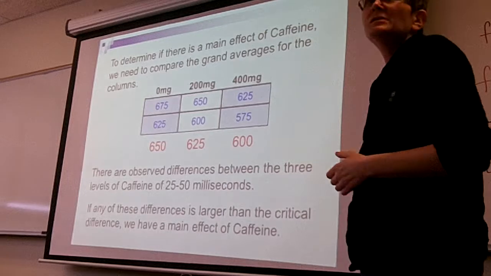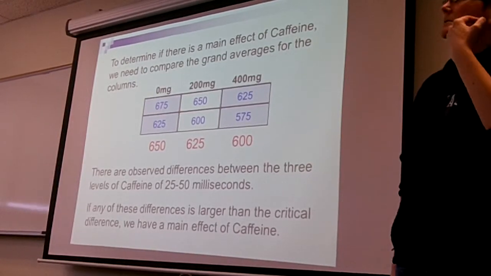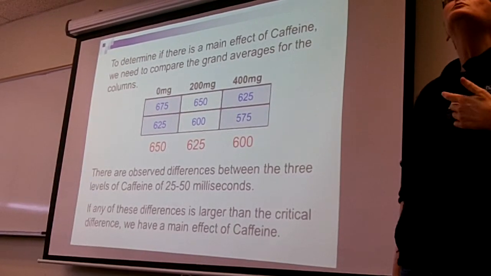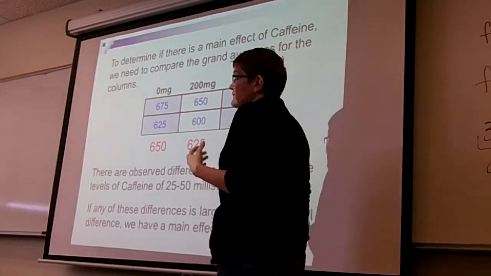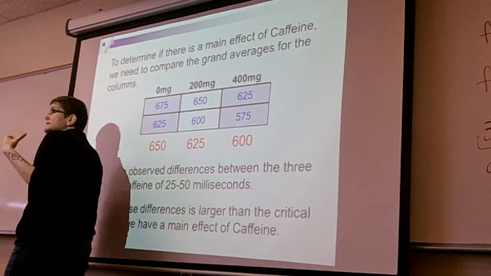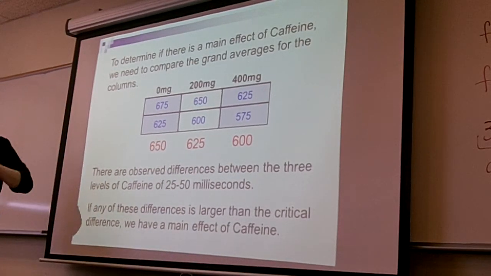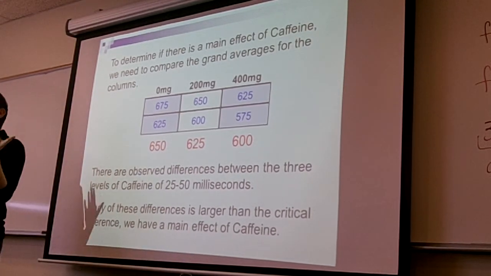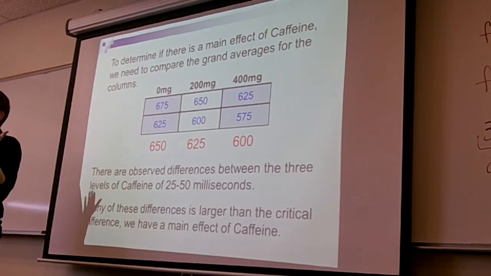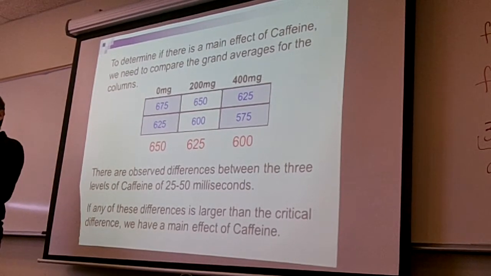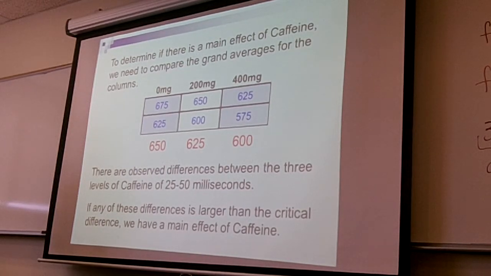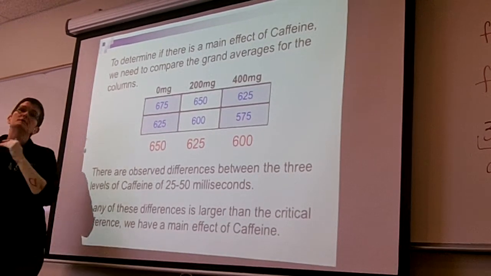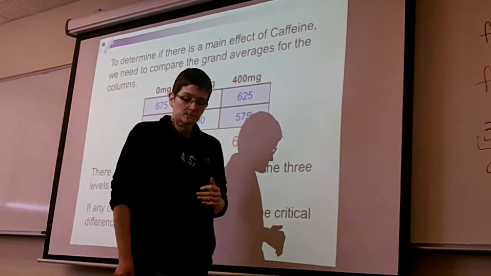It turns out that whenever we do factorial analysis, we do ANOVA. So even though the first one had 2 levels and this one has 3, we would be doing F-tests on everything. So we would do an F-test for alcohol, an F-test for caffeine, and a third F-test for the combination of alcohol and caffeine.